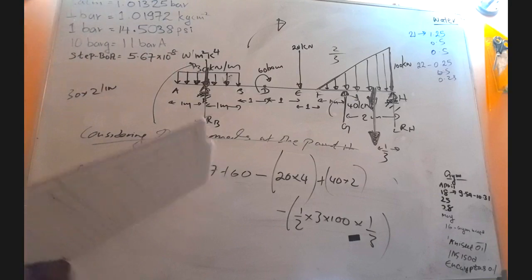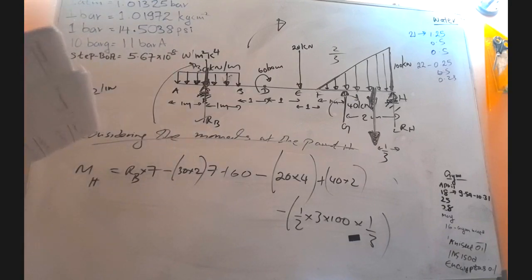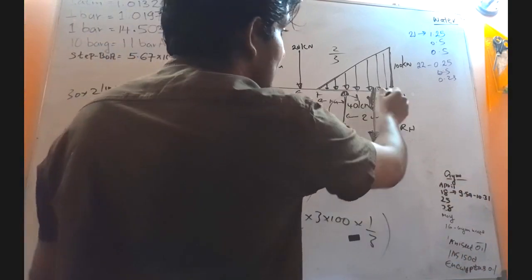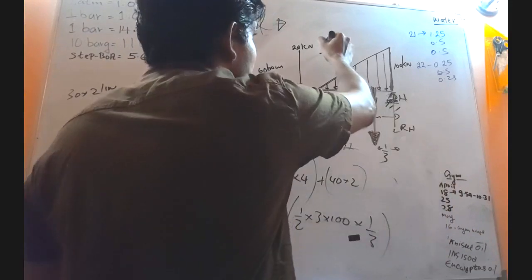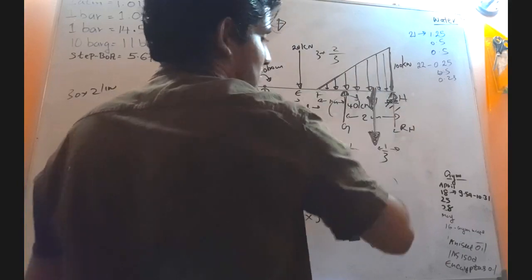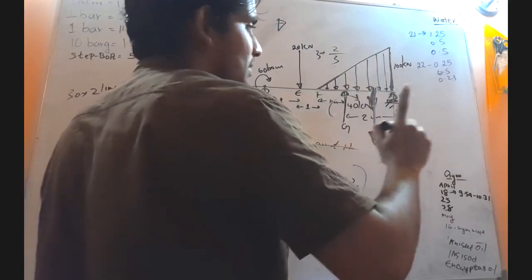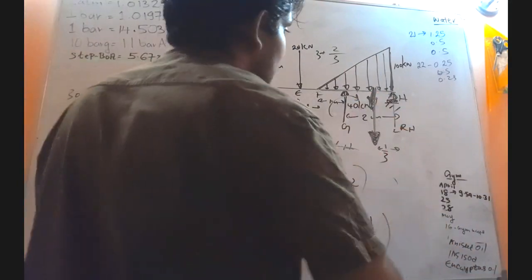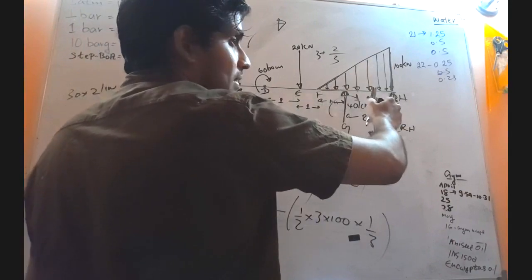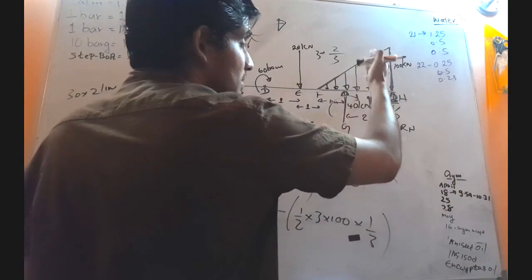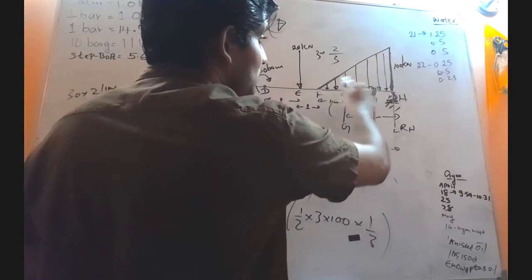Is it correct? Yeah, actually wait, not 1/3, because here the total length is 3 meters. So 2/3 of 3 is 2, right? 1/3 of 3 is 1, right? Be very careful. The center of gravity means the entire weight is acting at a point measured as 2/3 of this total length.